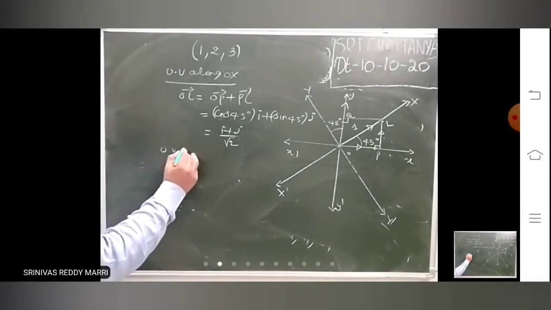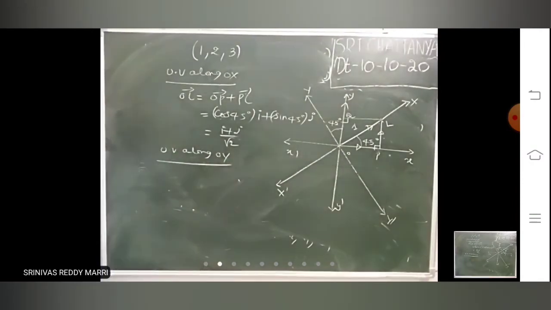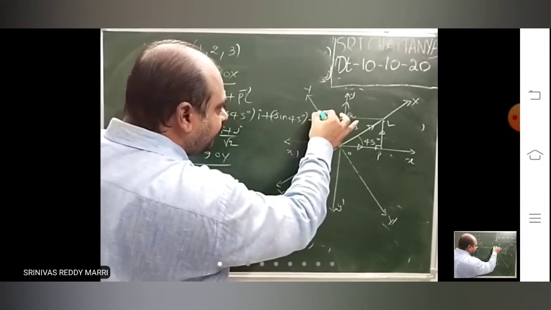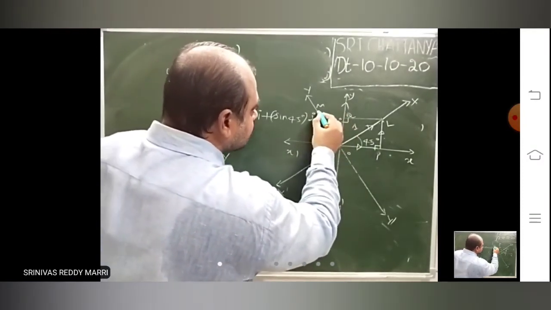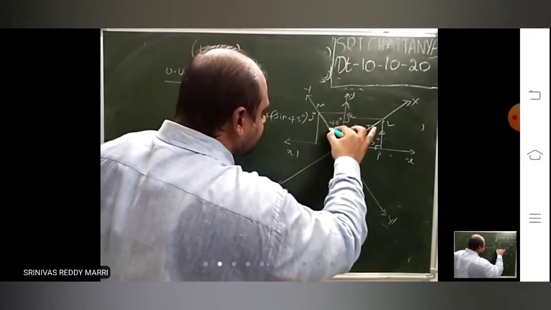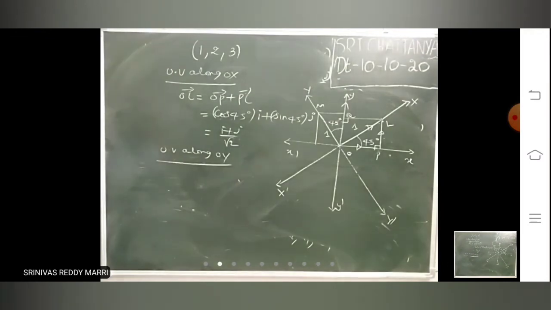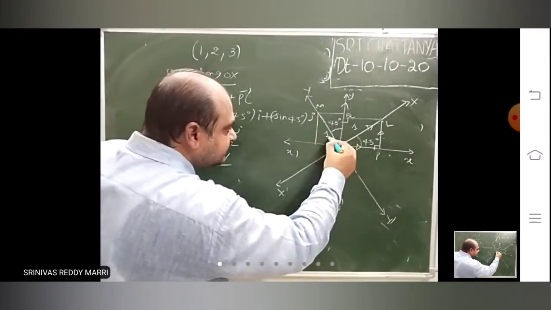Similarly, unit vector along OY I am calculating. Now here consider one point M and draw perpendiculars. This is OM, so this is 1 unit you take. Now this is 45 degree, means always measure with horizontal.